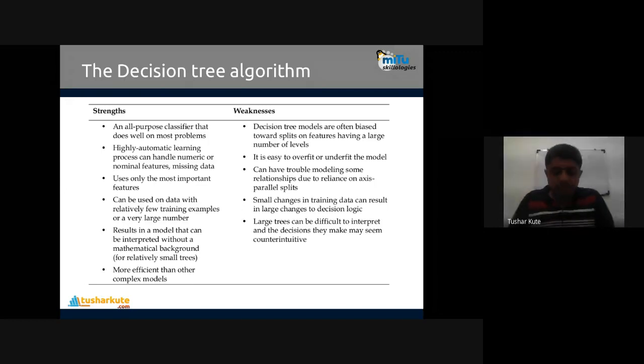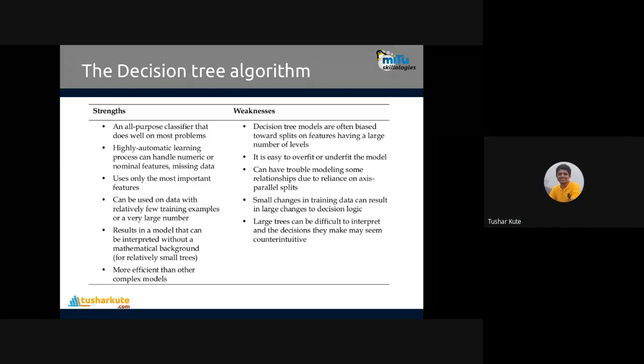For example, in training data we have 95% accuracy, and on testing data we have 65% or 60% accuracy. That time it may create a problem. So one of the common problems in the decision tree is overfitting.